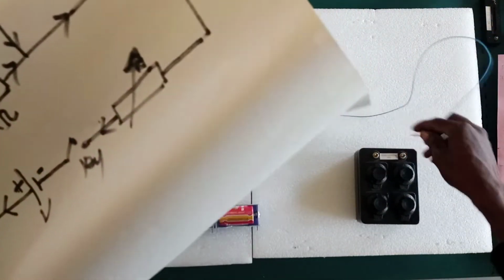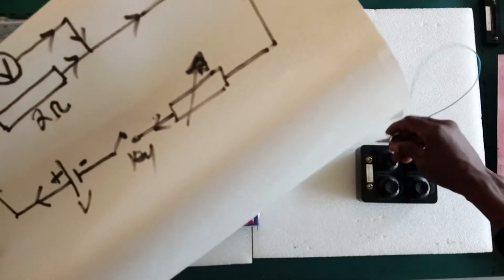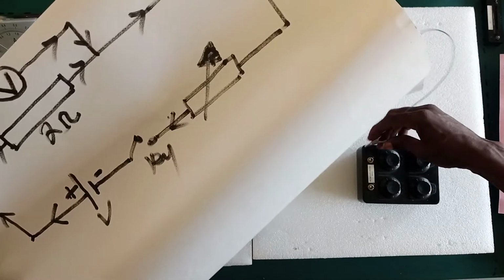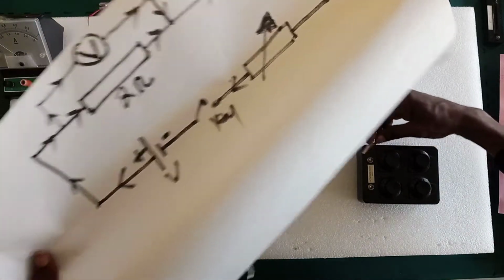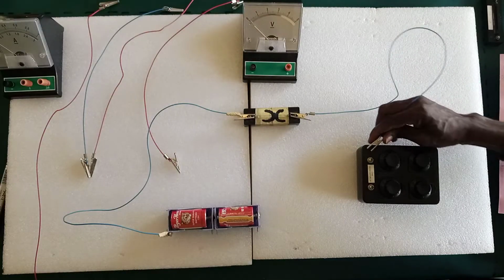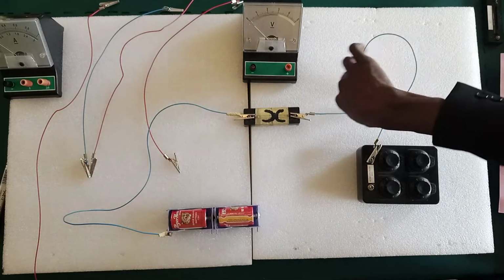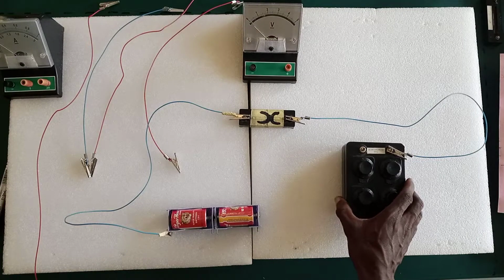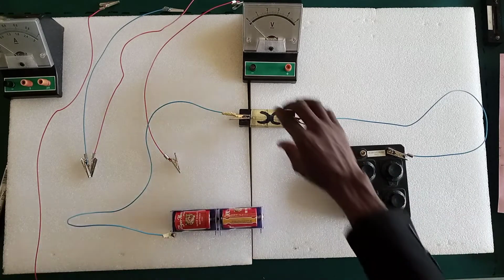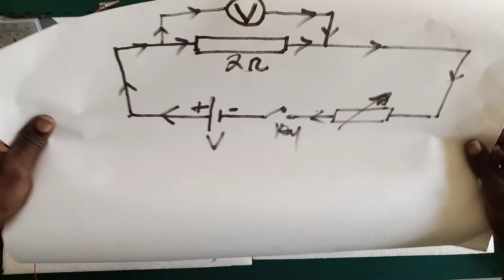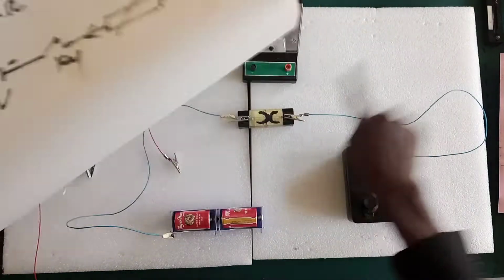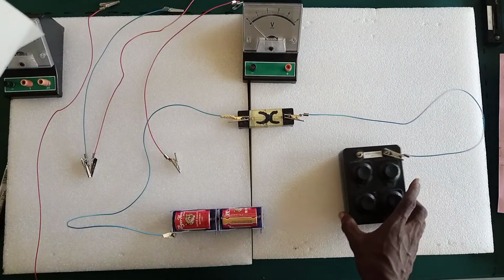So this is it. Mind you, the resistance box has no polarity. You may connect it anyhow. So we can leave it like this. We are done with the connection of the resistor. Resistor to resistance box. That is it.